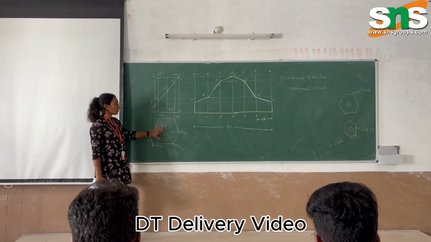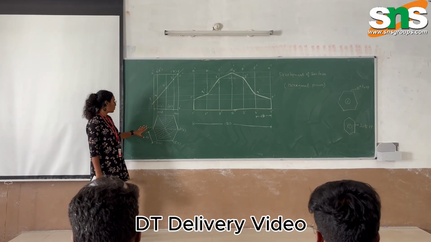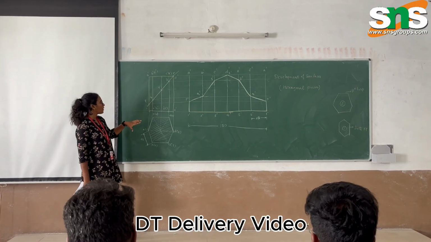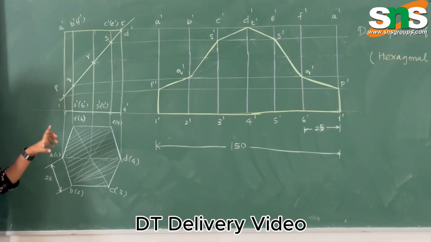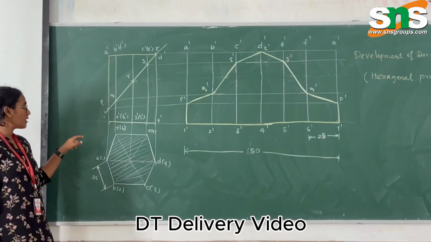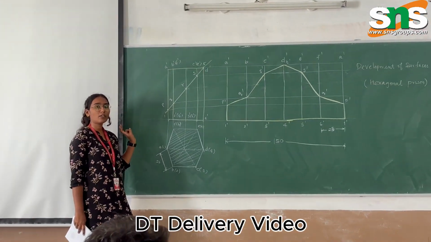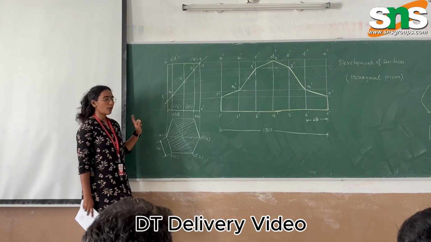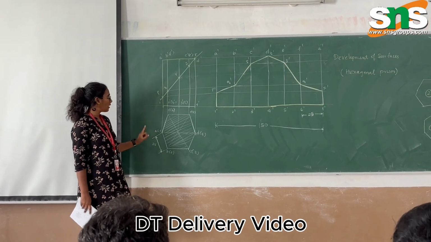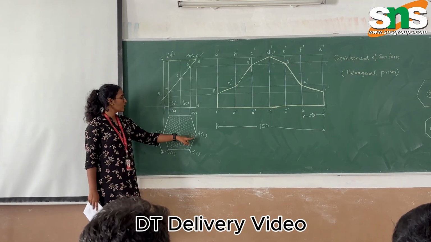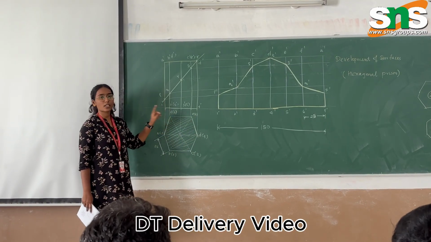Coming to the naming of this hexagon, if it were a plane figure, we'd name it only as A, B, C, D, E and F. But since it is a prism, we'll be giving two names, the alphabet as well as the number. So each edge will be named A1, B2, C3, D4, E5, and F6 respectively.